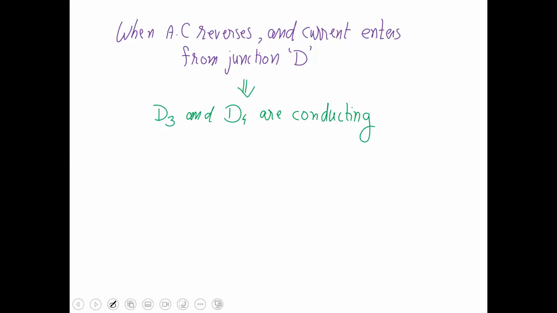But definitely in the notes, the blue color could not be copied, so we marked it D3, D4. And at that point, D1 and D2 are reverse biased.